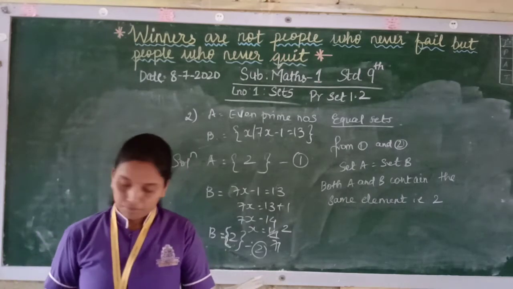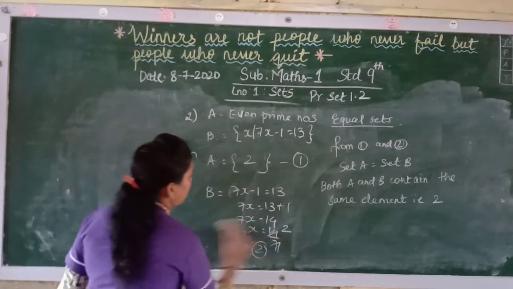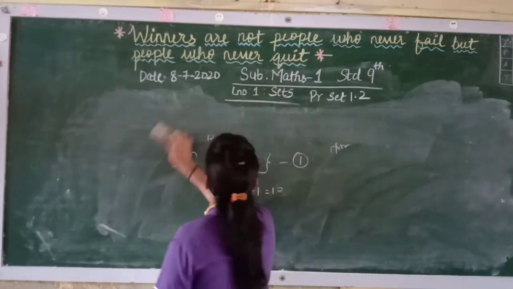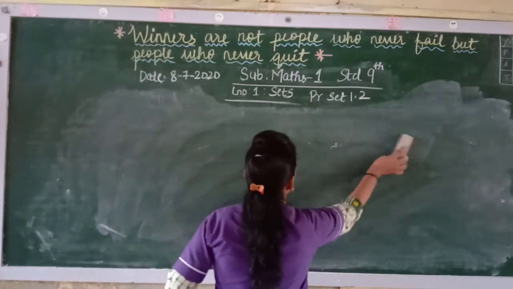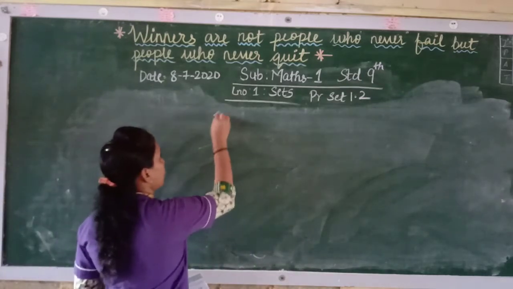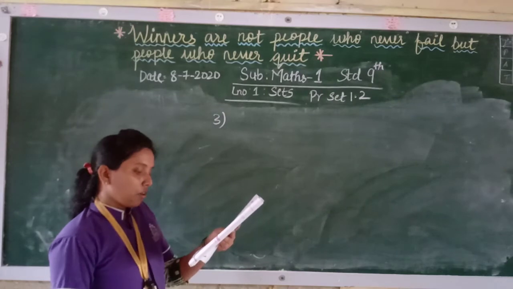Now third one. Now we'll see for empty sets. So see what the question is for the third one. Which of the following is an empty set.